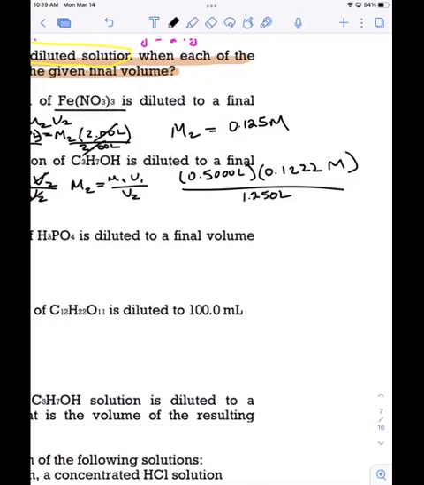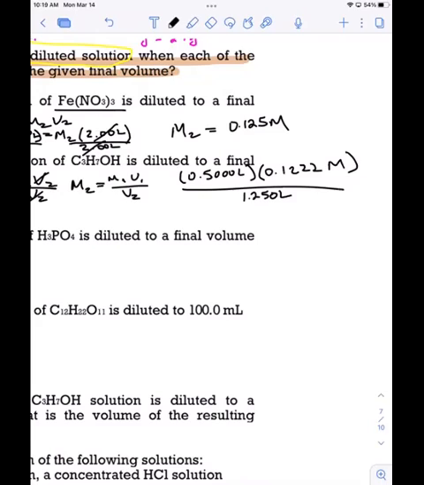It's just been sitting on the shelf, and we need a 1.2 molar solution. We could take that 10 molar cobalt nitrate and just dilute it. If we know M2 and how much V2 we want, we can figure out how much of the 10 molar solution we need to take out and then dilute it up to a specific volume, right?